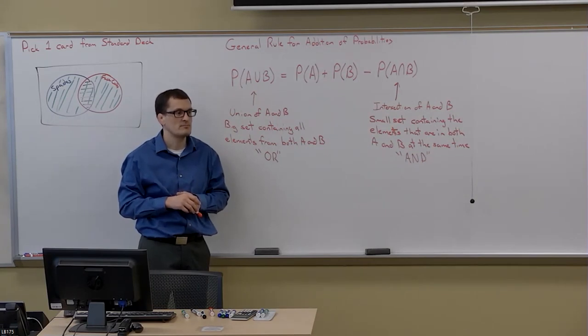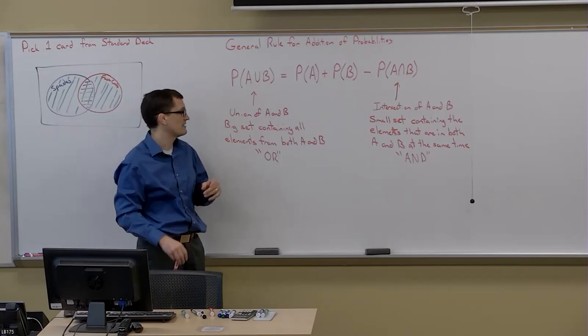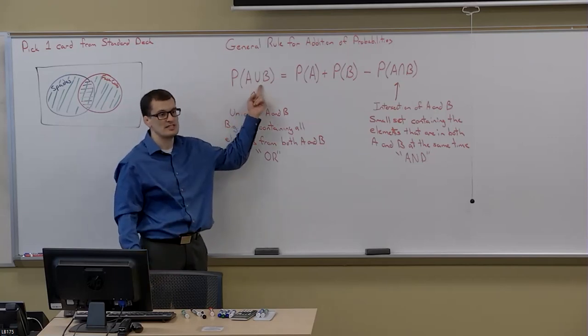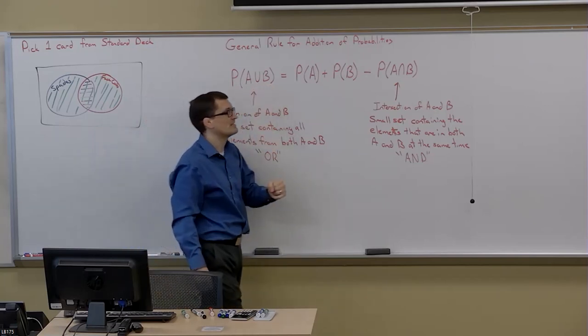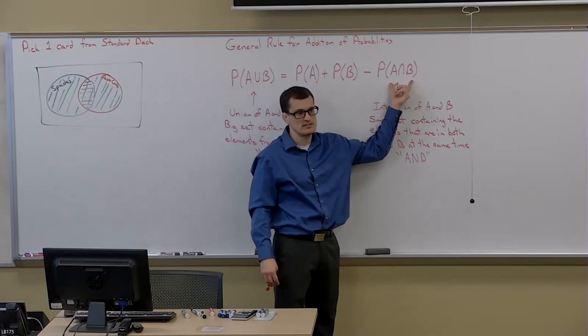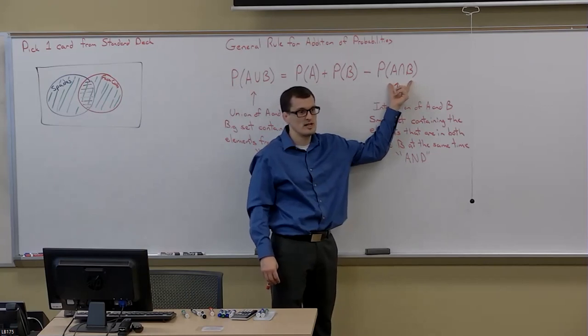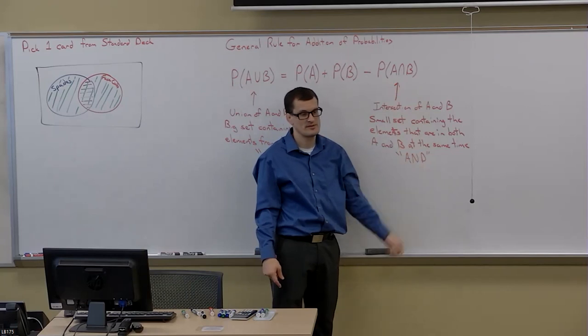Okay? Because I have brown eyes, I would be in the union of blonde hair and brown eyes. You understand that? I would not be in the intersection of blonde hair and brown eyes because I have brown eyes, but I don't have blonde hair. Does that make sense?